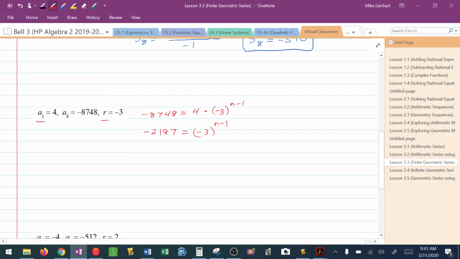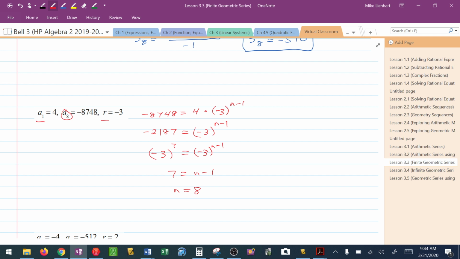There we go. So I'm going to rewrite this as negative 3 to the 7th is equal to negative 3 to the n minus 1. And remember, if the bases are the same, the exponents give the equation. Oh, look, we got that n was equal to 8. This would be a whole lot easier way to figure out how many terms there are. But I wanted to show you it can be done using the geometric sequence as well.